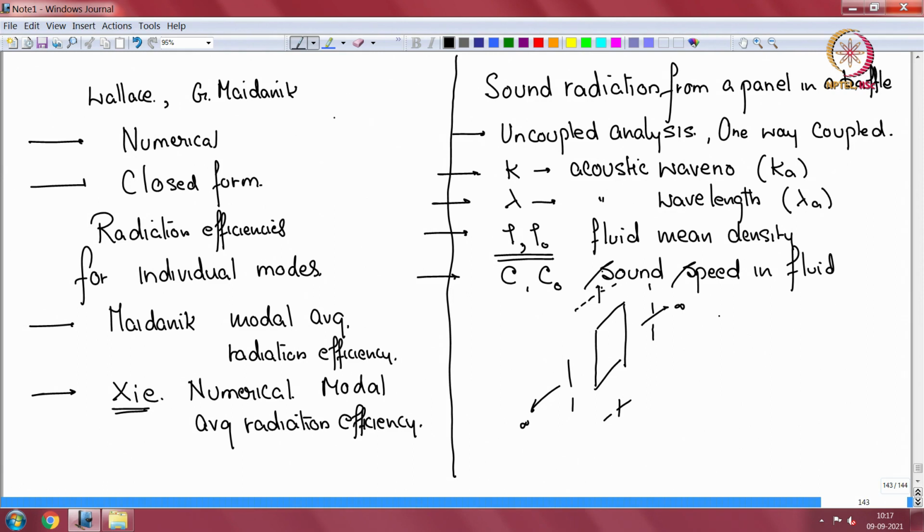We formulated the Rayleigh integral for pressure. Then from there we made a far field approximation for closed form integration.